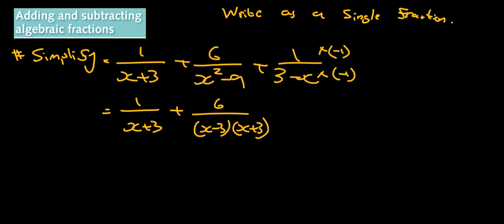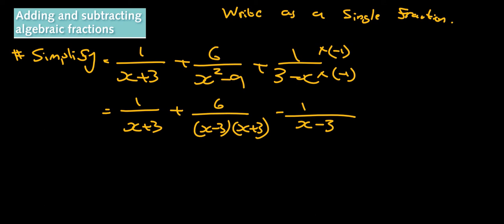As long as we do the same to both numerator and denominator, we do not change the fraction. So let's do that then. So we're going to get -1 all over x subtract 3.